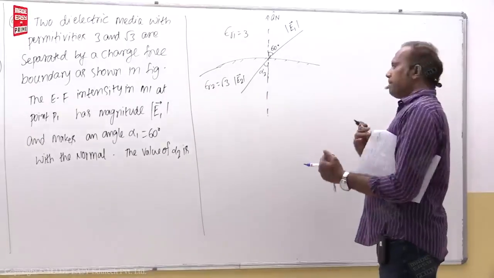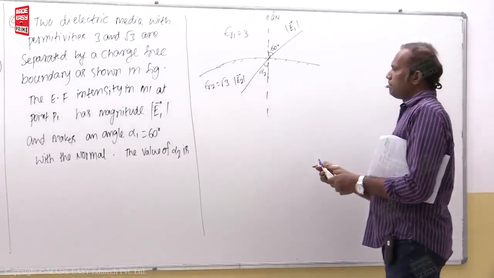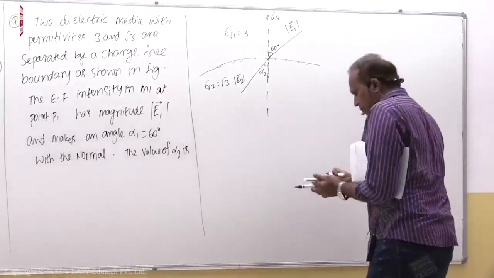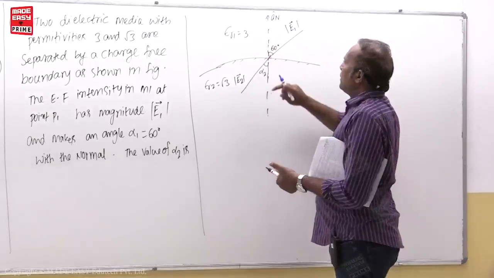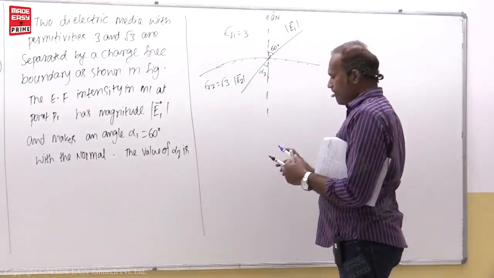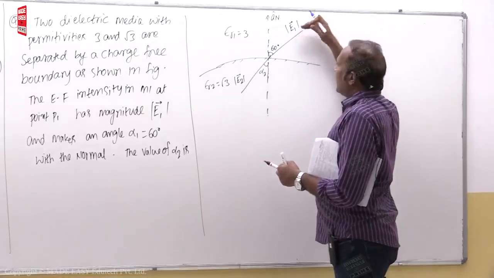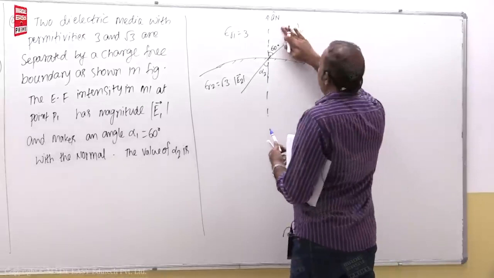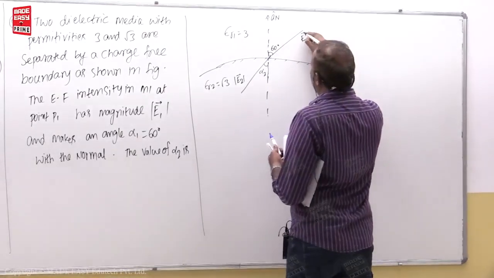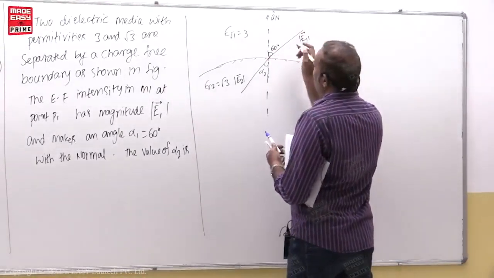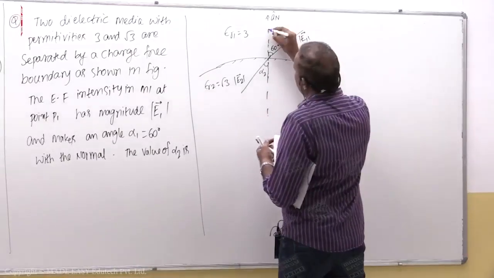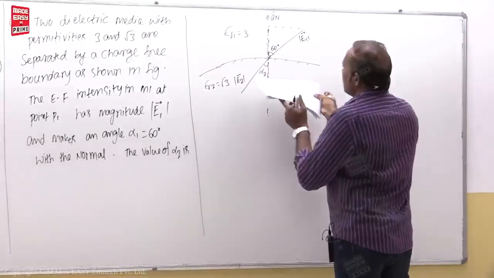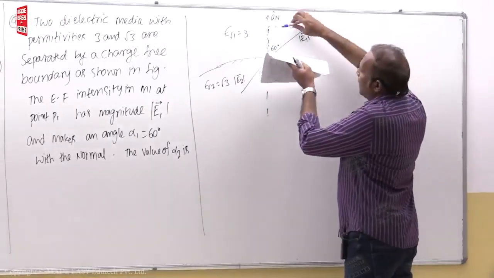Now what to do, student? Here the angle is there. So I will write modulus of E1 bar here. Now this has a tangential component, which is parallel to this boundary.